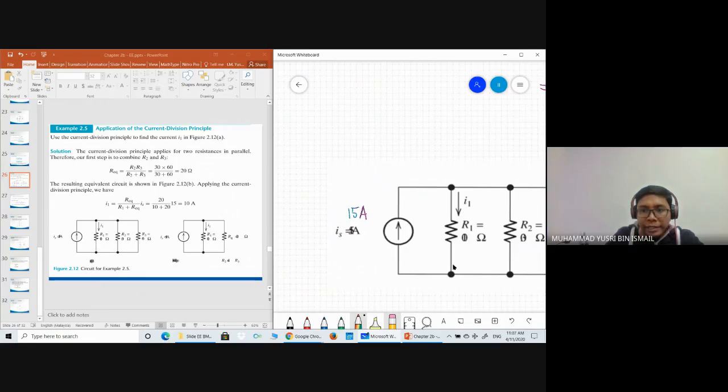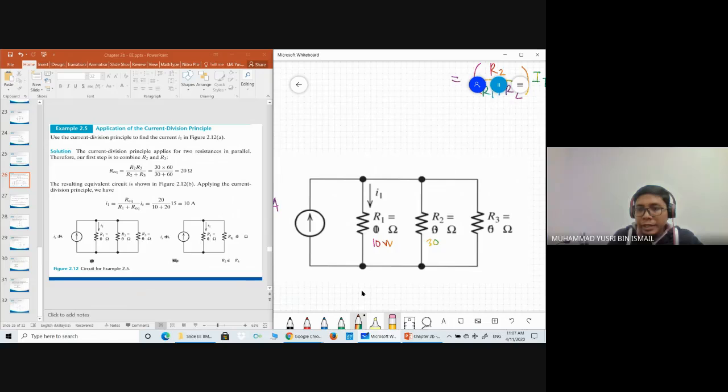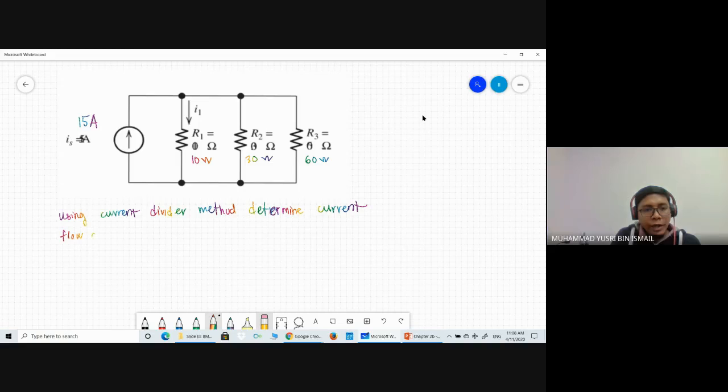Then R1 is 10 ohm, R2 is 30 ohm, and R3 is 60 ohm. Using the current divider method, determine the current flowing at I1, I2 and I3.